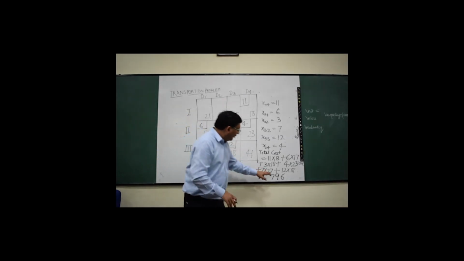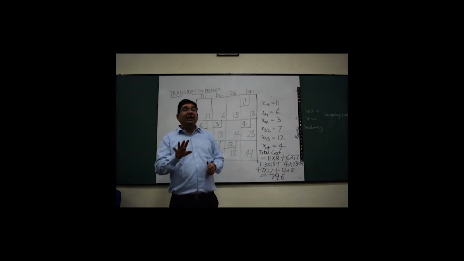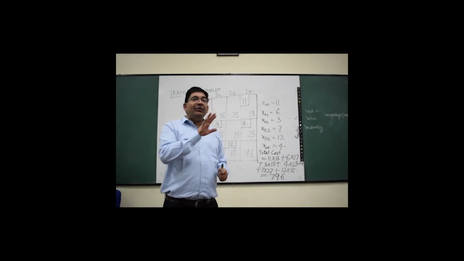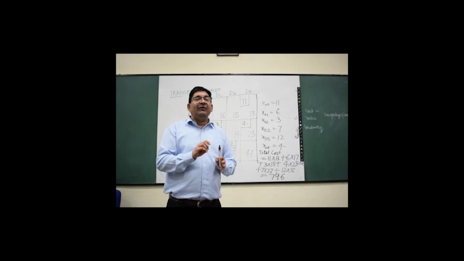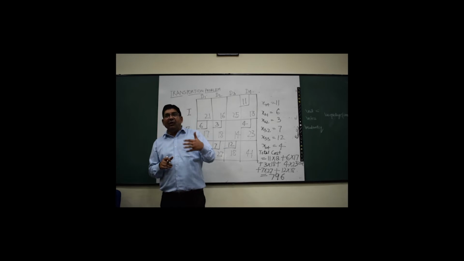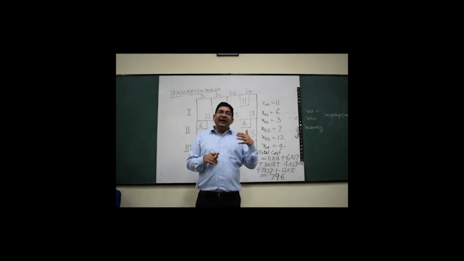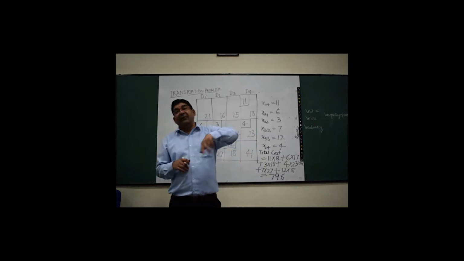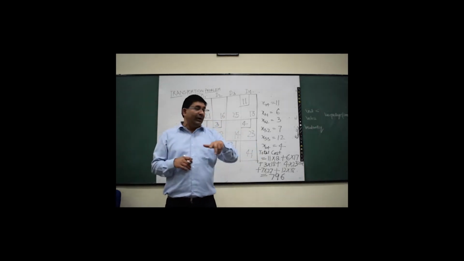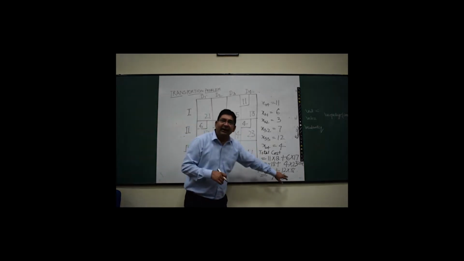Now the total cost is 796. Now we have to see whether this initial basic feasible solution which we have found by Vogel's approximation method is an optimal solution or not, or whether we get some other solution which will give me a cost less than 796.